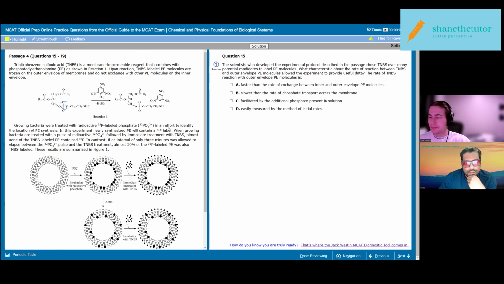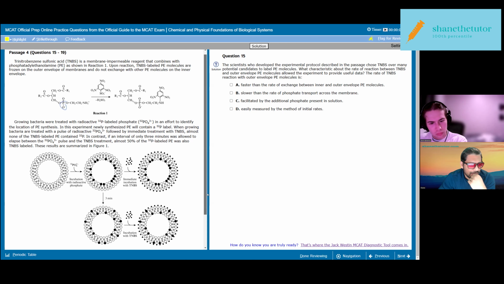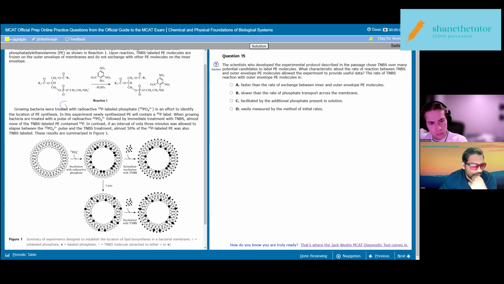I'm trying to make sense of this. So growing bacteria with radioactive phosphate shows that the newly synthesized PE has a label, but when you treat it with a pulse of radioactive phosphate followed by immediate treatment with TNBS, almost none of the TNBS labeled PE contained the radio-labeled phosphate.